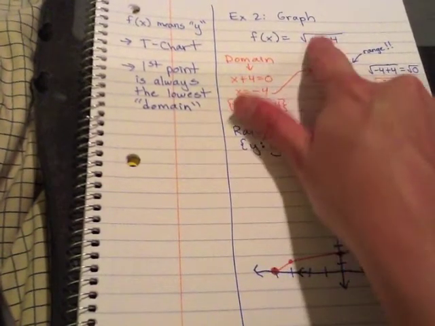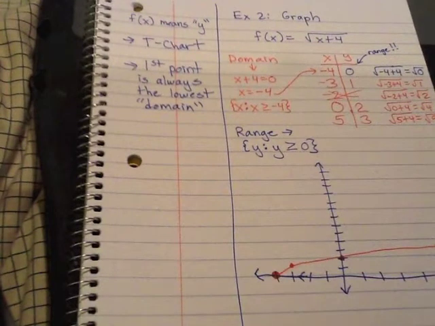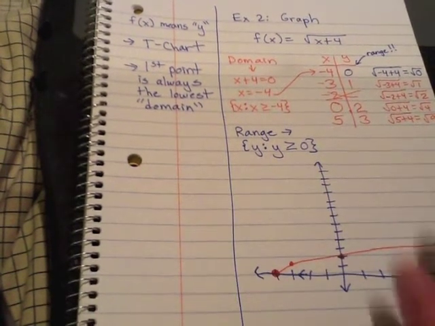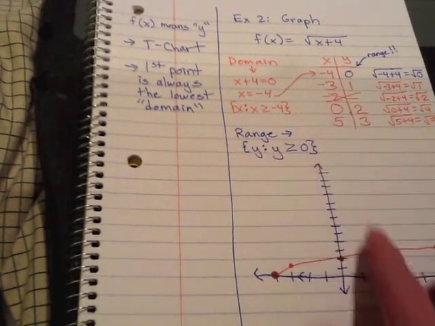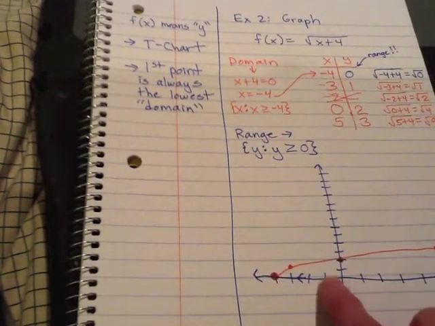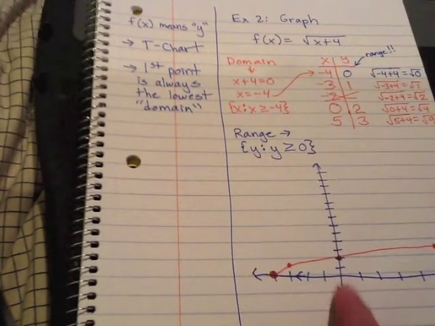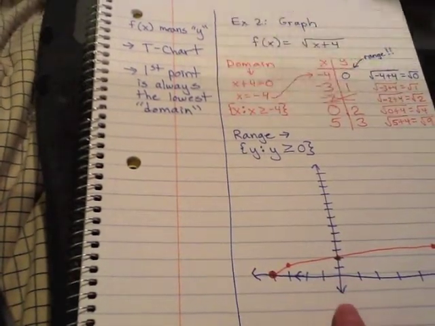Whenever you have just a square root here with no plus or minus or times anything else there, you're always going to have 0 for the y there. So your range is y's all are going to be greater than or equal to 0. You have no y values below 0 on the y-axis.